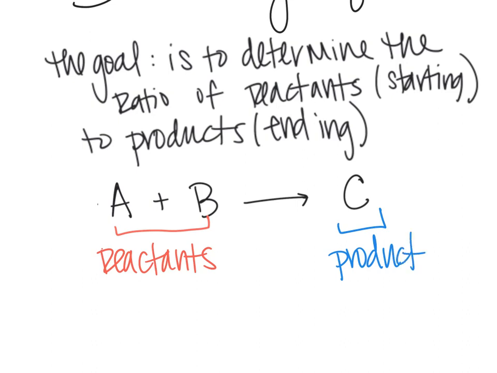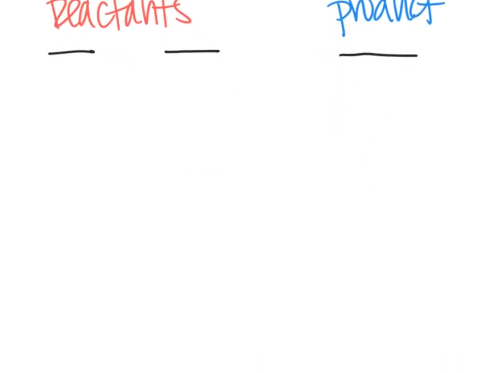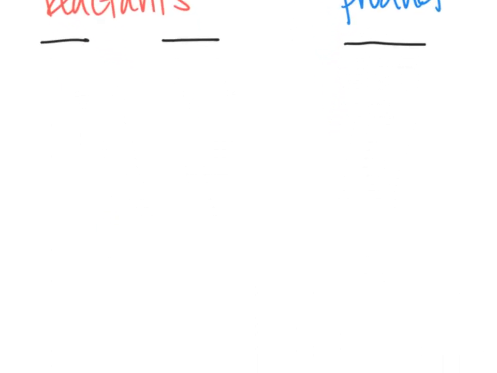So in this chemical equation, if you were to slightly think about it, what we would notice is that it takes one molecule of A, that's seen over here, to interact with one molecule of B to create a single component of C. So in order to balance an equation, you have to look at the reactants and the products. So let's look at an example.